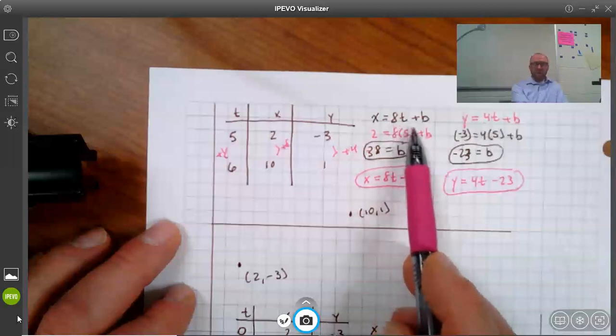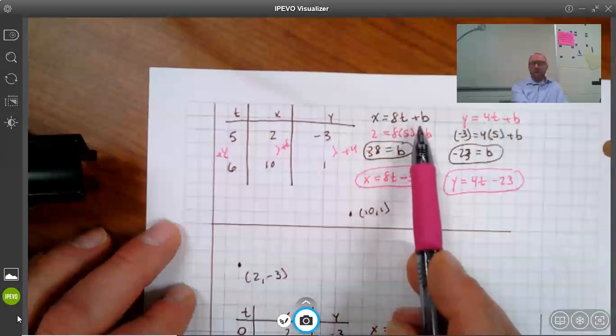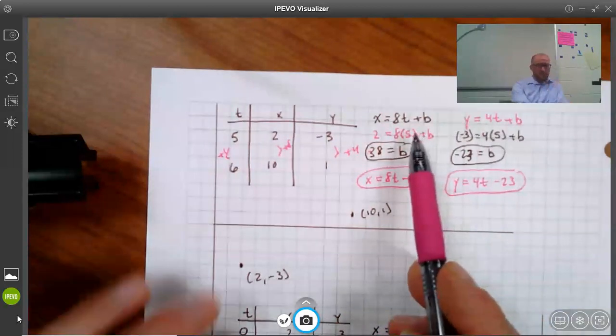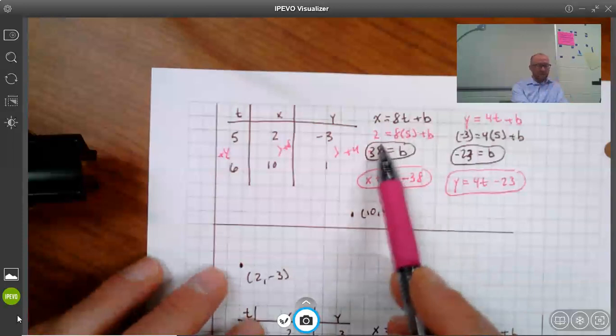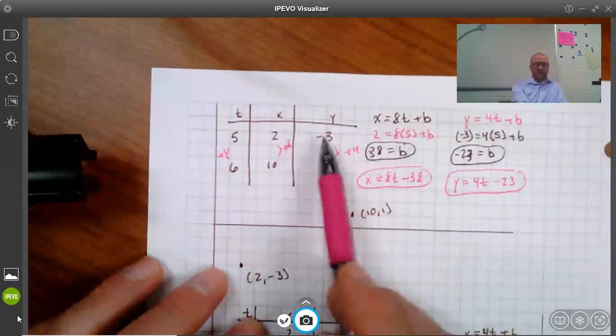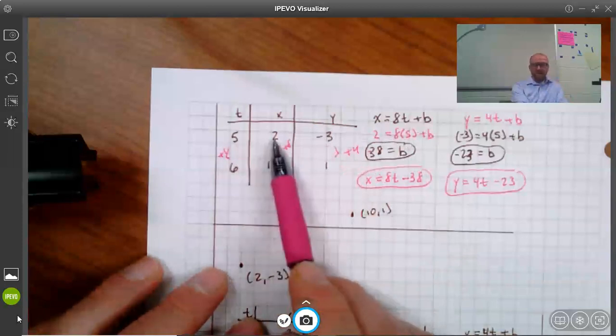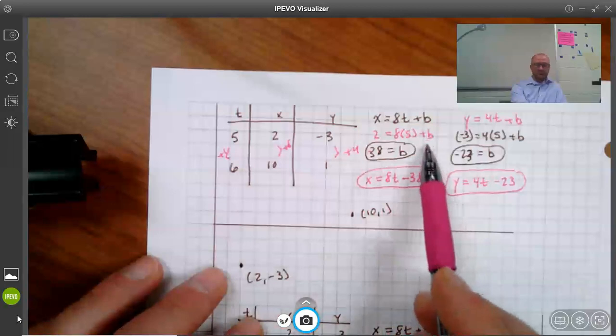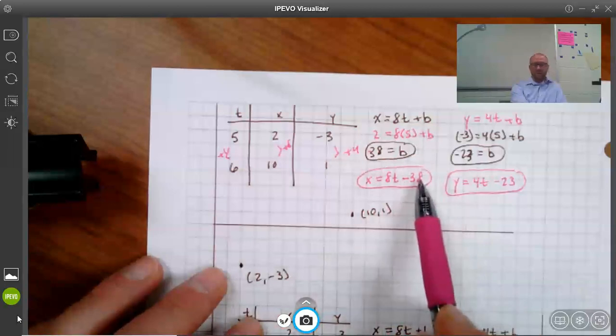And then it's going to be plus or minus some constant term beyond that. So to figure out what that constant term is, we just plug in a t and an x value that correspond, like 5 and 2. I could have picked 10 and 6, would have got the same answer. And then we solve for b, and we can drop that into our equation down here.